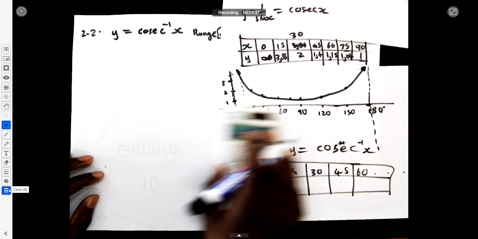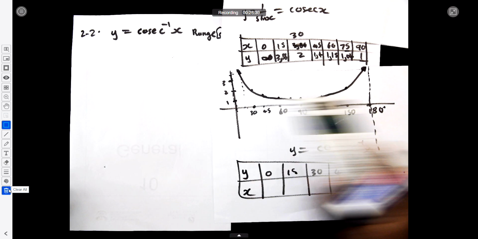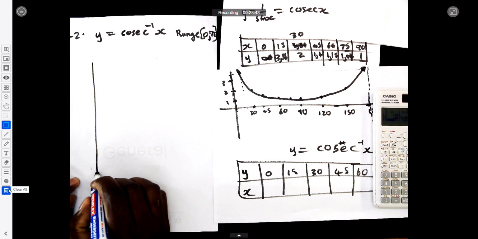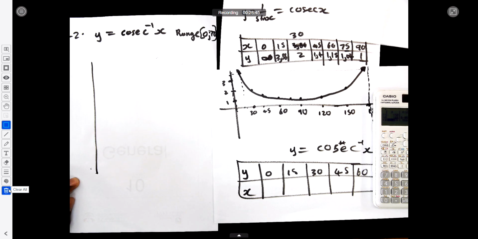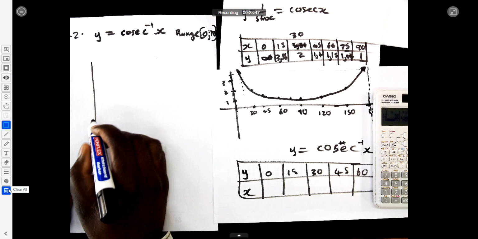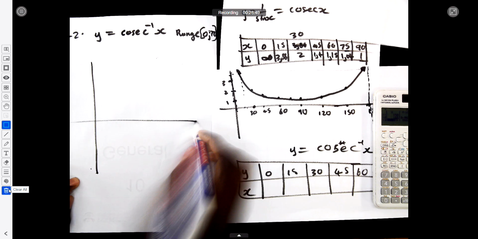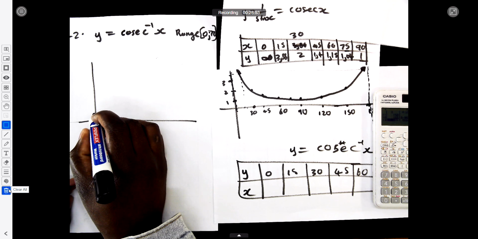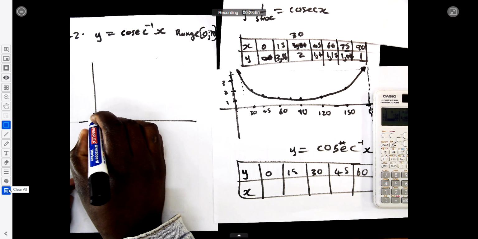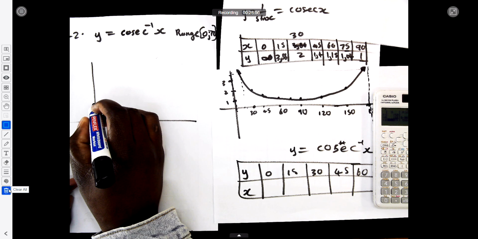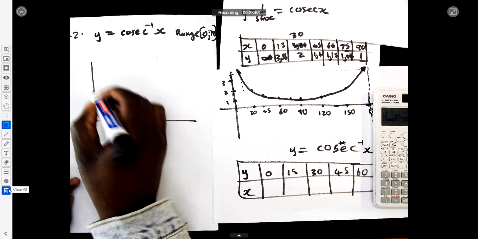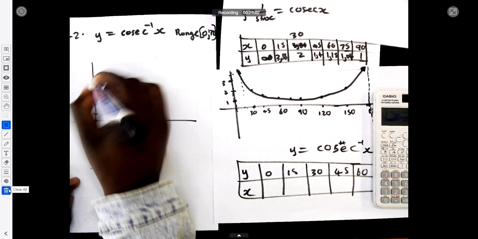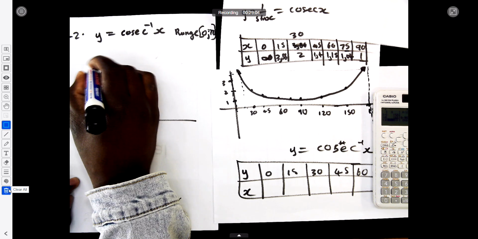So when we are going to plot the arc cosec graph, now your y-axis is carrying the degrees. We know that here we started at 0 and 30. Let me use 30, 60, 90, 120, 150, 180.